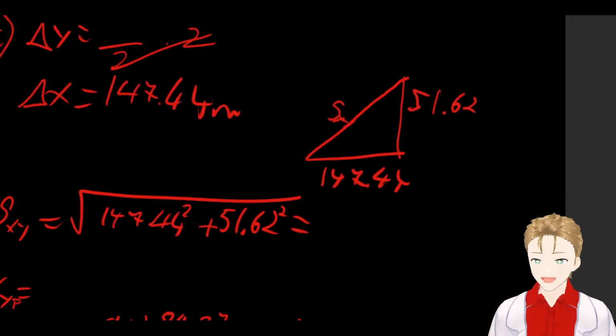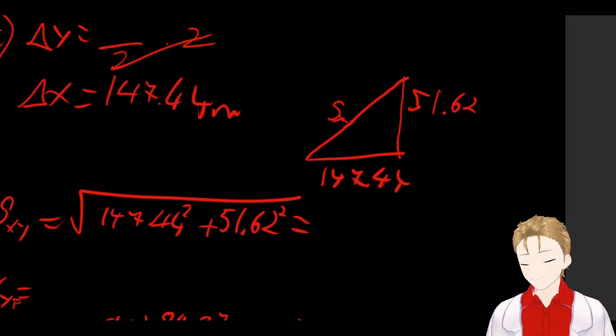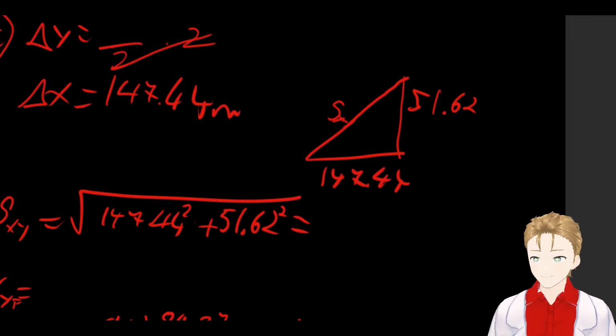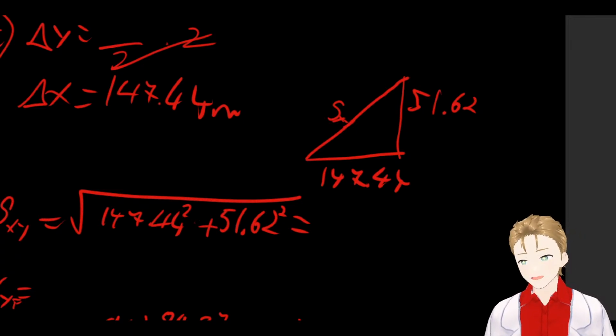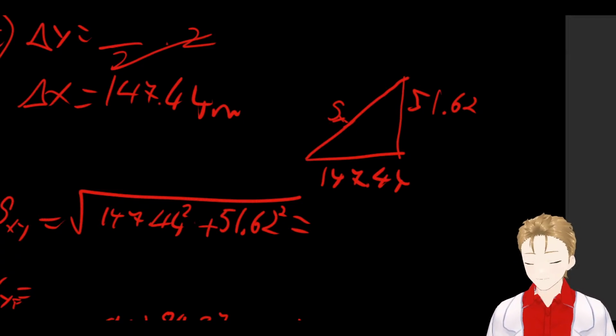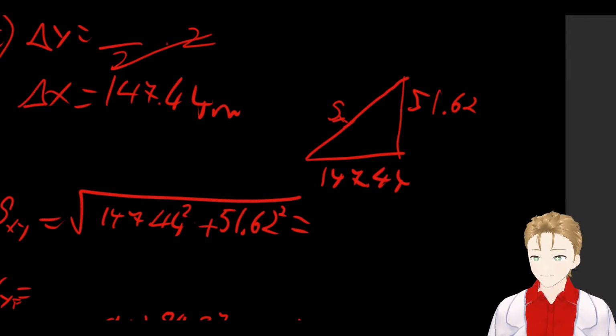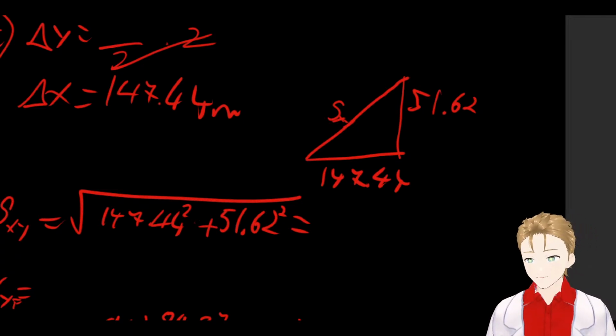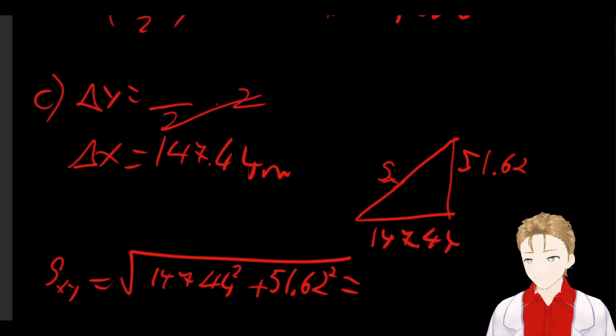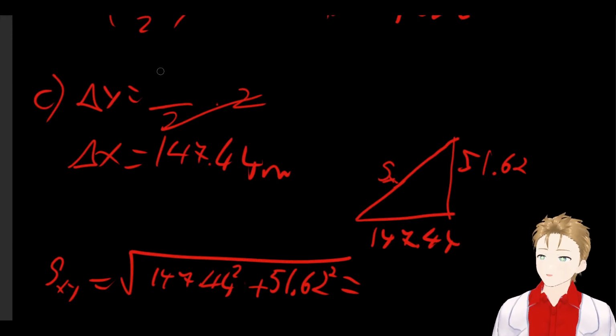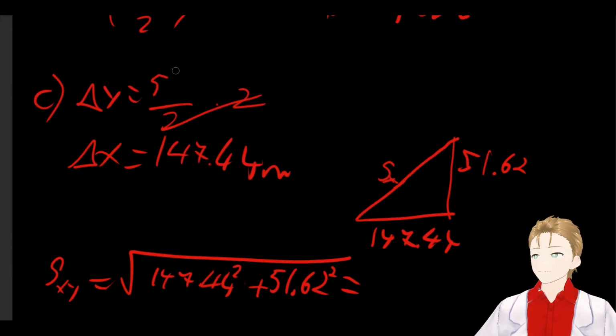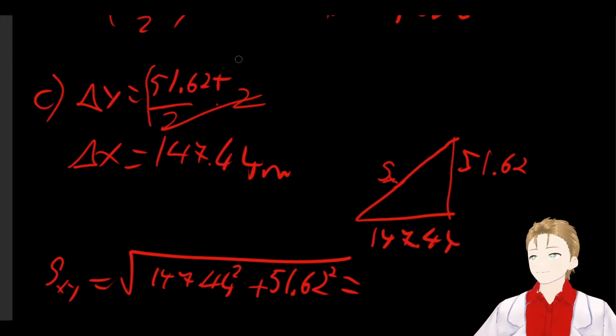I think the y needs to be bigger. Why is my y so small? Oh, because I'm small brain. Right, I got it. It's because y started at 51.62, but then it added to itself another.